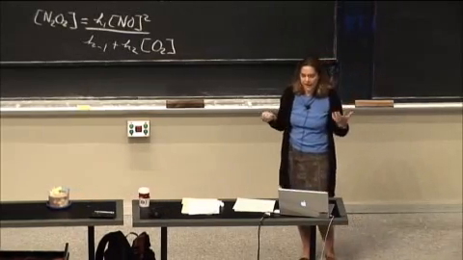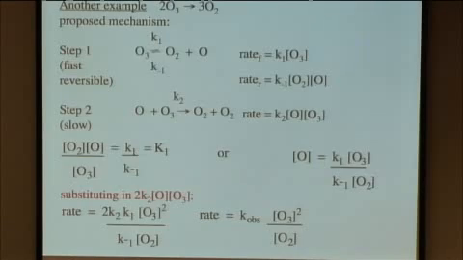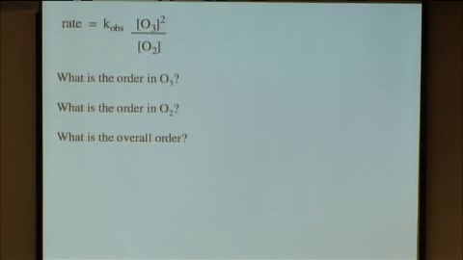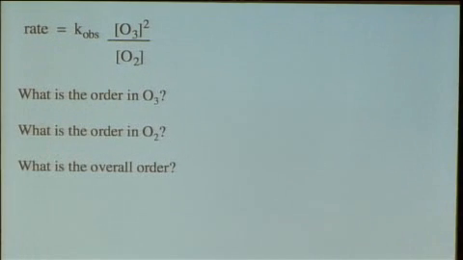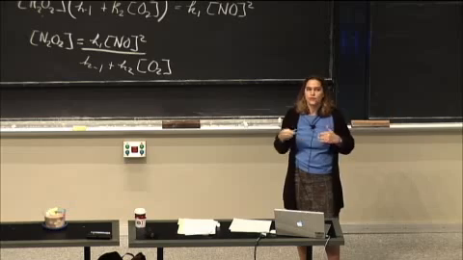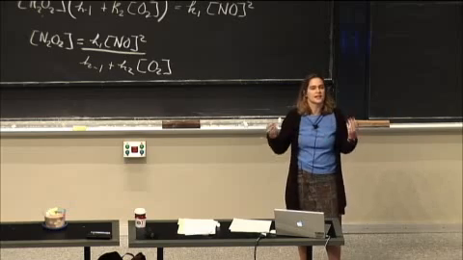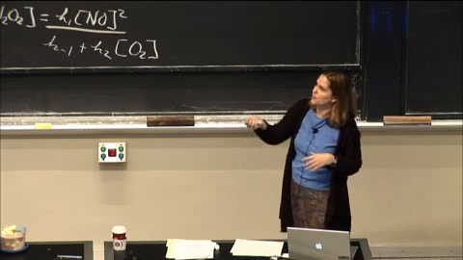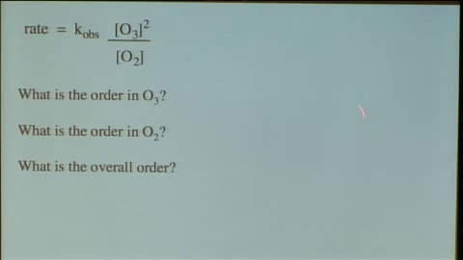So let's think about, if that's true, what we should expect if we do some experiments, about the order of the reactions and what would happen if you double concentrations of things and look for the effect. If you're going to test this proposal, what would we get?